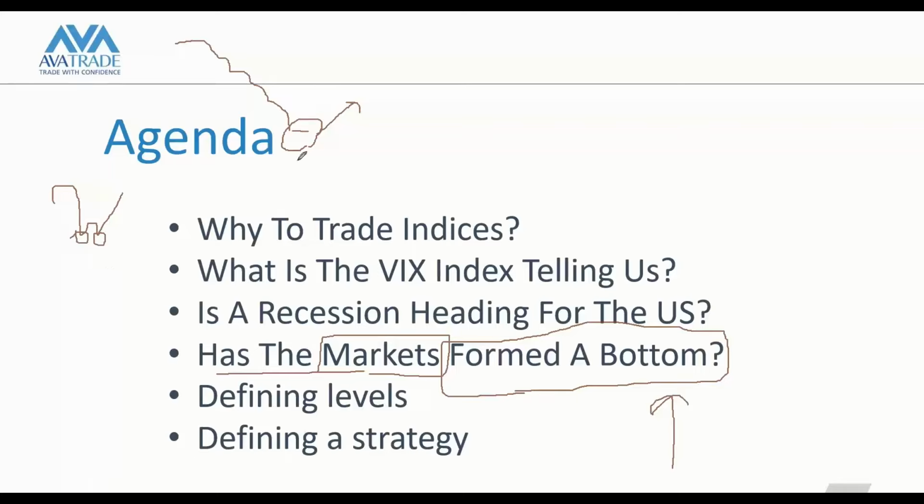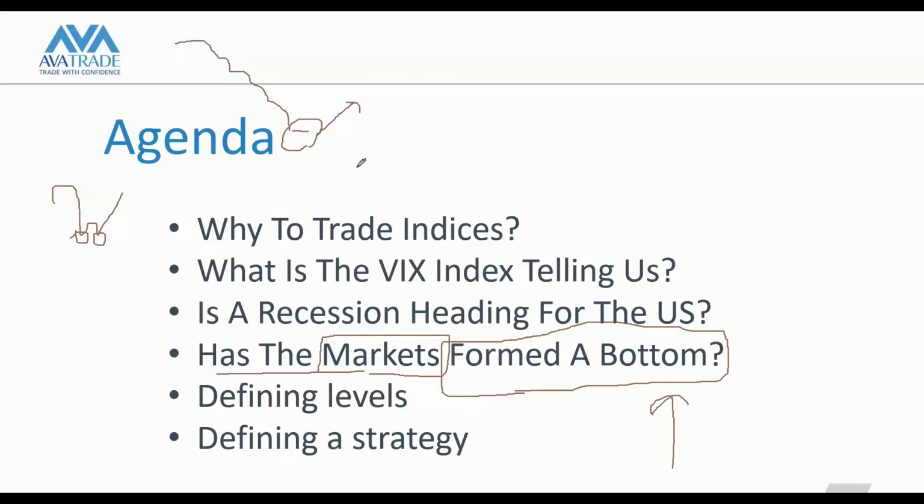Now over here we are talking about a normal bottom, and that means has the market reached the lowest point, that beyond this point the market is not willing to fall any further. Bulls have stepped into the market and they're pushing the markets to the upside. This is what we call it when the market has formed a bottom.